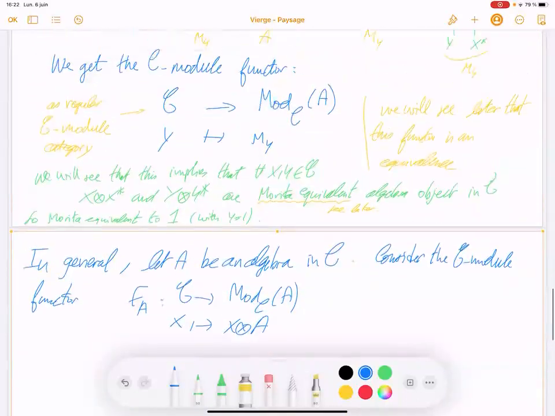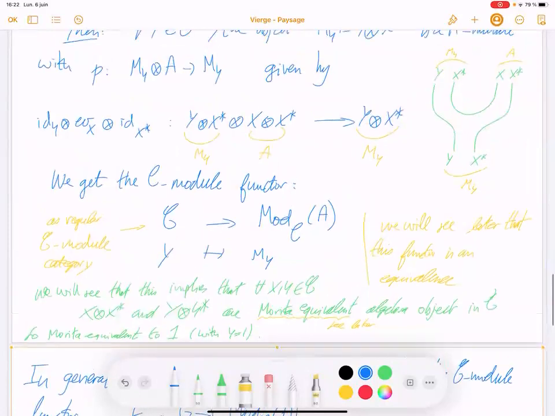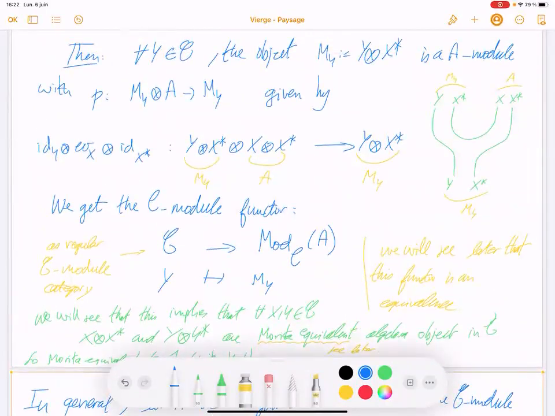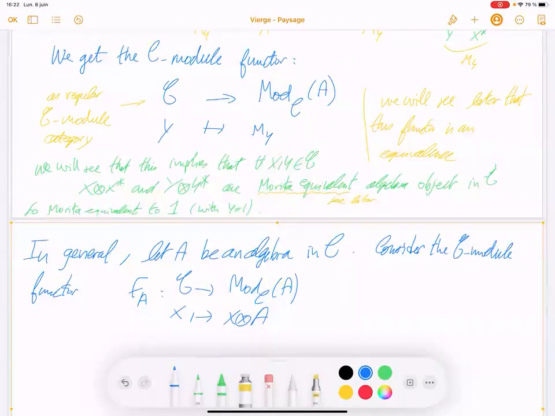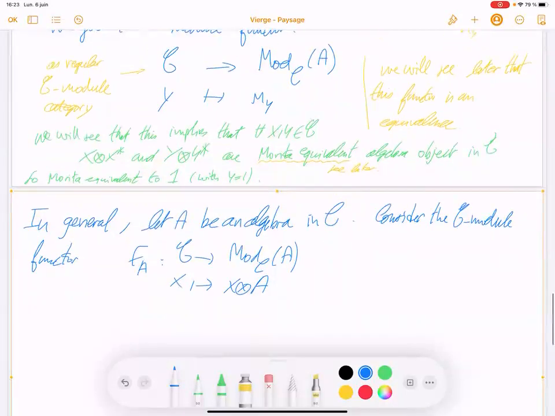Anyway, maybe it's not a generalization of the construction itself, but it provides another C-module functor from C to mod CA for a general A. Before we got such a functor for a specific A, here it's for a general algebra A. But I'm not sure whether the construction itself is a generalization. Should check that.